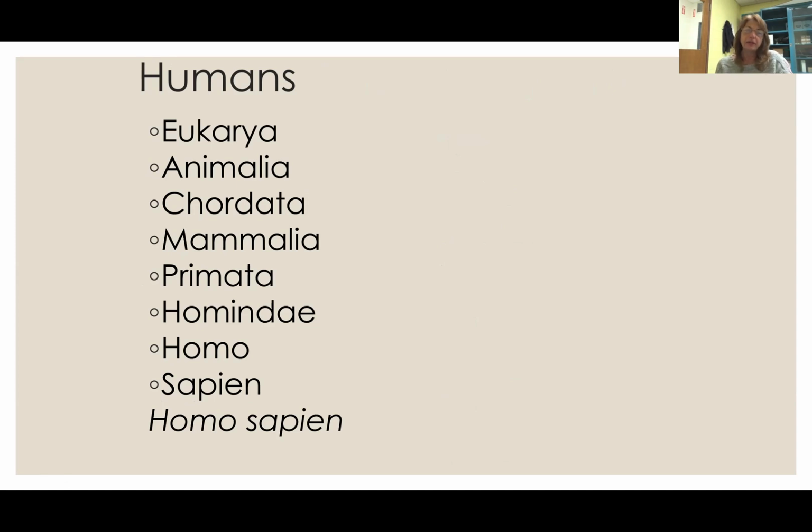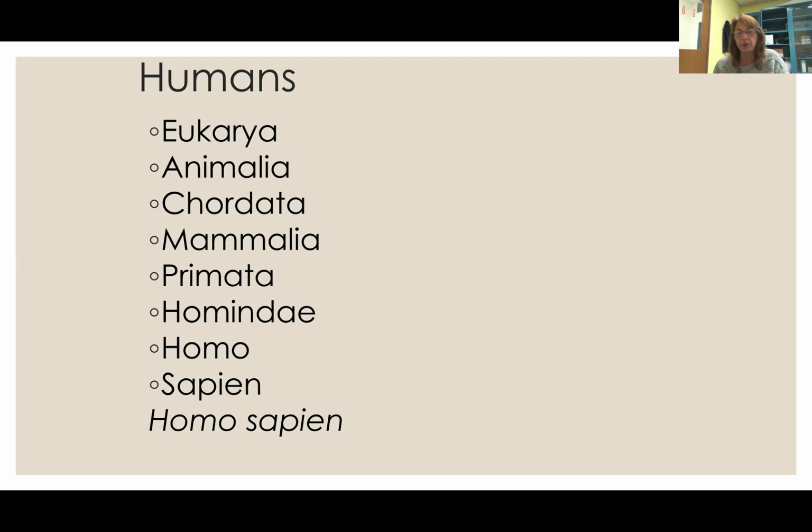This is our hierarchy. We belong to the domain Eukarya. We are made of eukaryotic cells. You might remember that from semester 1. We belong in the animal kingdom, or Animalia, if we're Latinizing it.